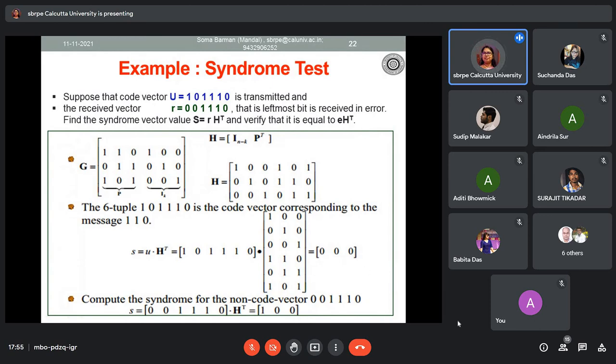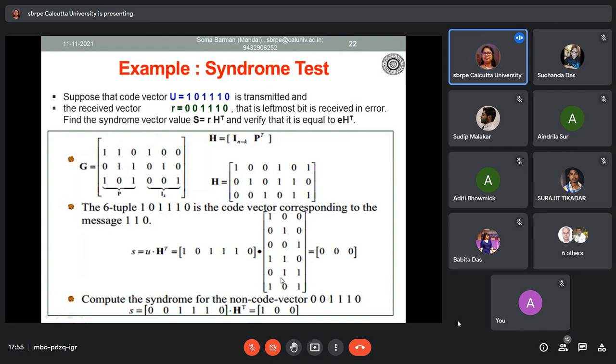We have observed that in this case the syndrome is 1 0 0. This 1 0 0 tells which position of the received bits is in error. You can easily find out.